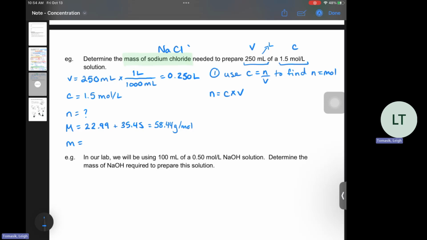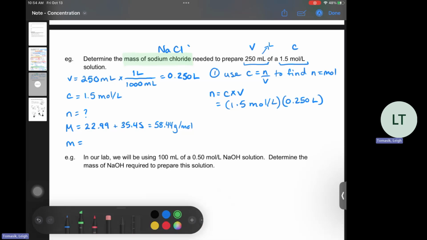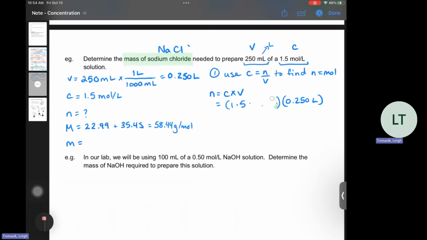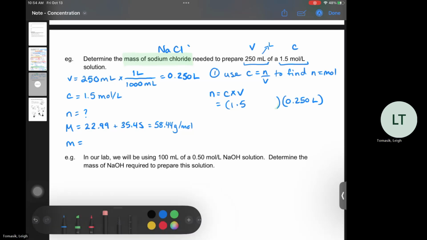I hope that makes sense. And then we can replace concentration with 1.5 moles per liter, and we can replace the volume with 0.250 liters. You see how this one is per liter, right? That means it's on the bottom of a fraction. So let me change the way I write this because I want to show you that the units cancel out.